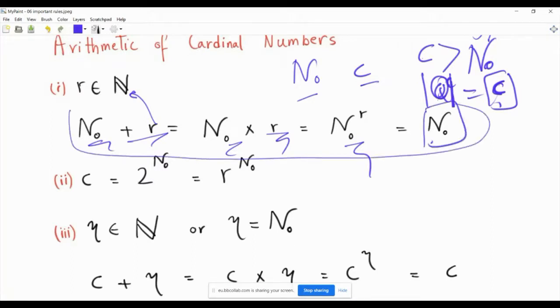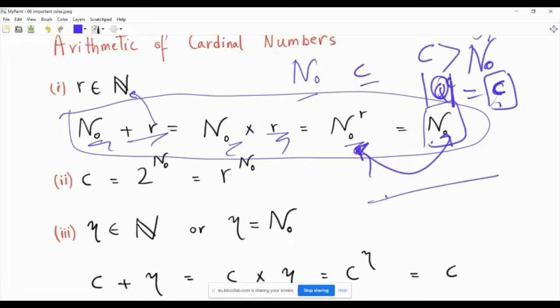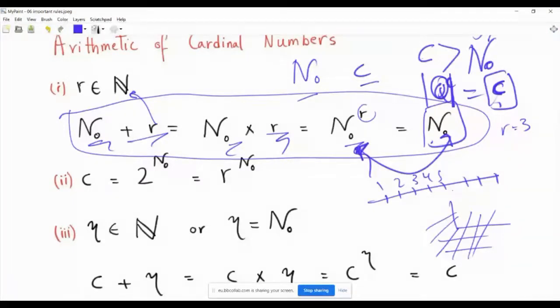So you may wonder, what is the meaning of this? Take the one-dimensional grid of natural numbers, 1, 2, 3, 4, 5, 6. If you take r equal to 3, then you have a three-dimensional grid of natural numbers, and the cardinality of this three-dimensional grid is still equal to Aleph Naught.